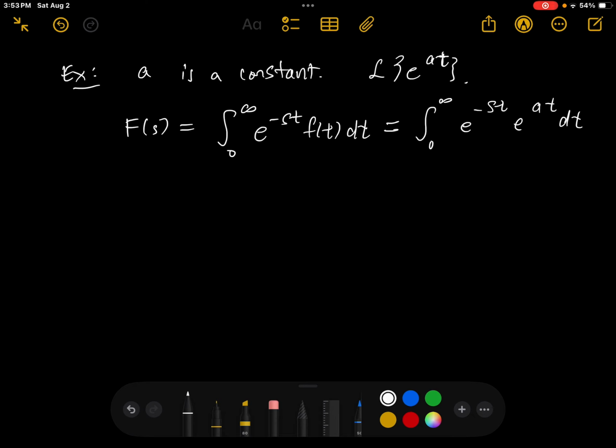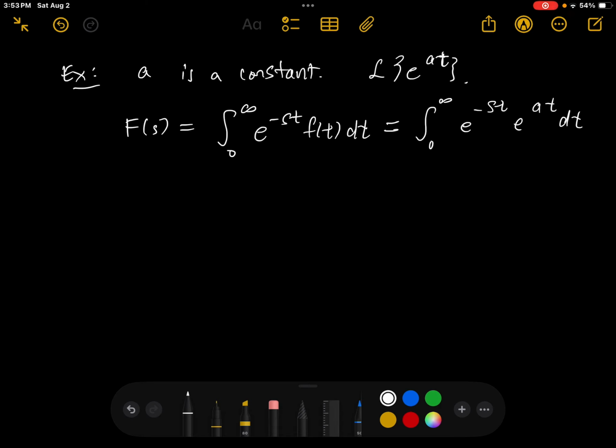Now, we have a product, e to the minus st times e to the at, and there's generally no easy way to integrate a product of two functions, but what can you do with these two functions to make it something you can integrate? You can use the properties of exponents, that when you have e to the x times e to the y, that's the same as e to the x plus y power.